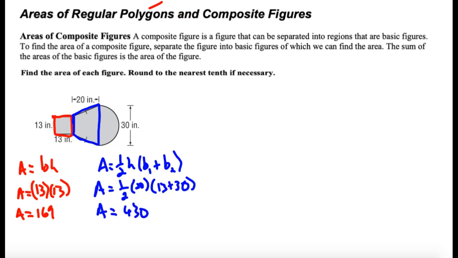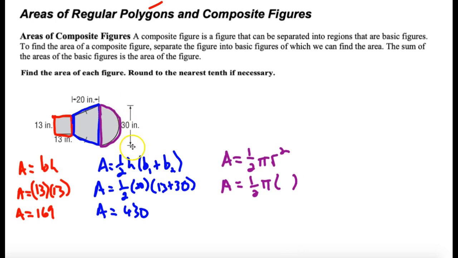And then finally, for this semicircle, remember the area of a whole circle is pi r squared, so the area of half of a circle is 1/2 pi r squared. So we'll have 1/2 times pi times the radius.